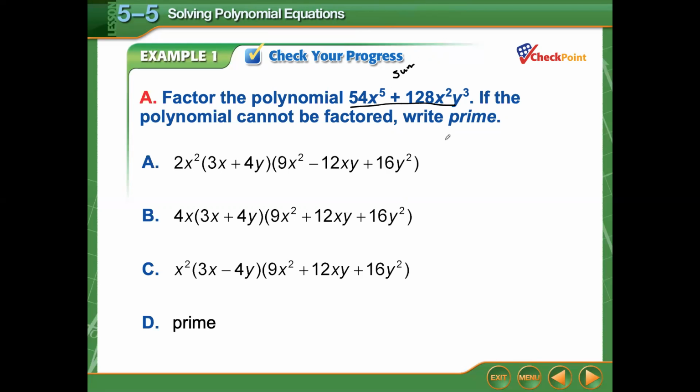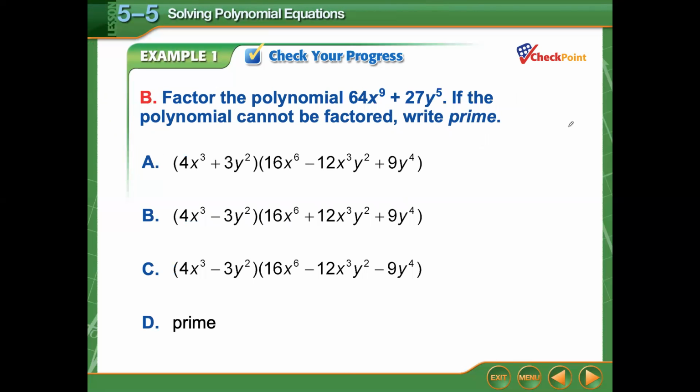If we look at it, we should see that you can pull out 2x squared from it, and we end up with 27x cubed plus 64y cubed. And those are both perfect cubes. And with that, you do factor out into 2x squared times 3x plus 4y times 9x squared minus 12xy plus 16y squared.